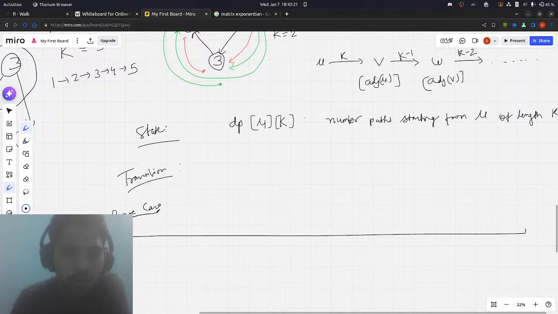For every node, the number of paths of length 0 will be 1 only.